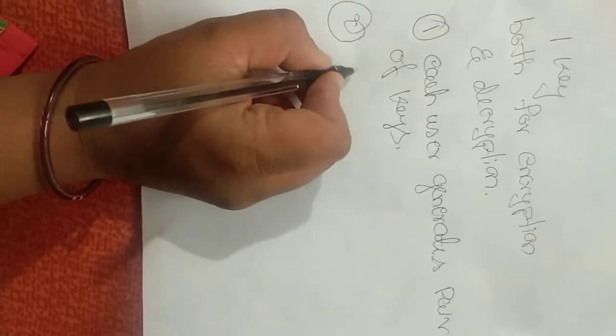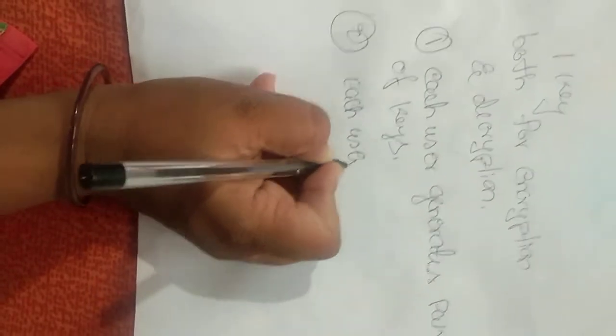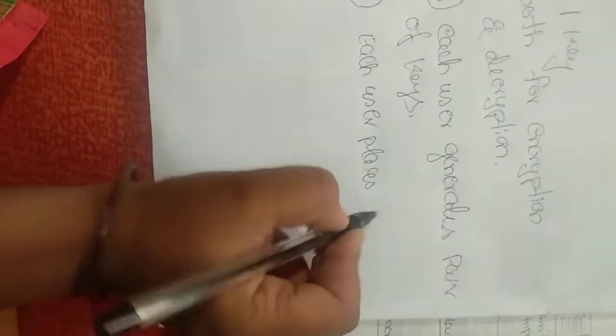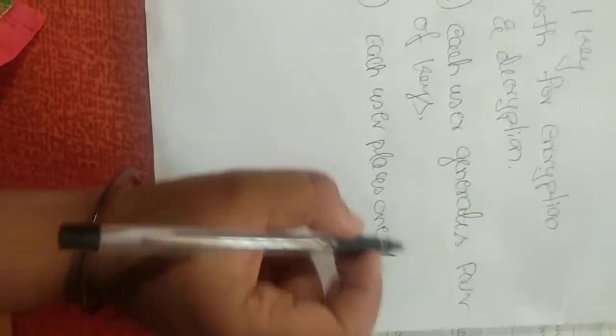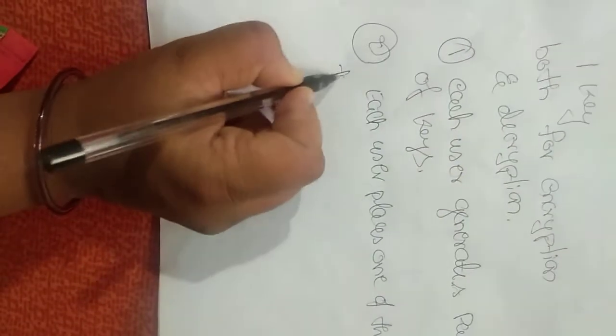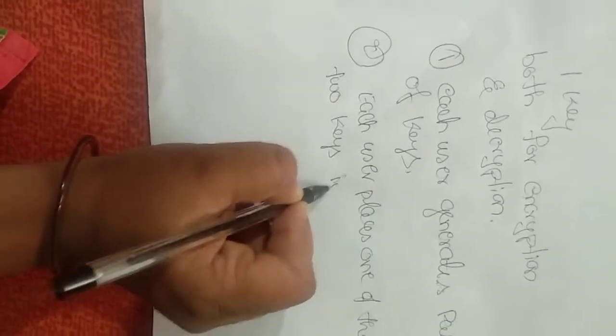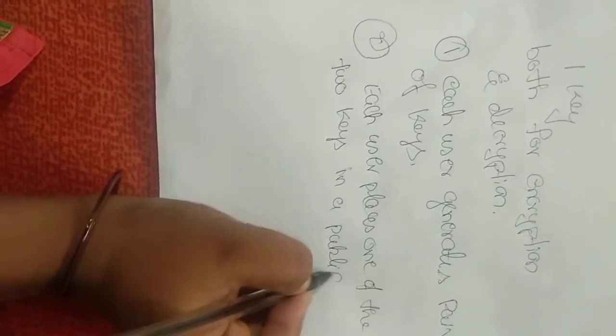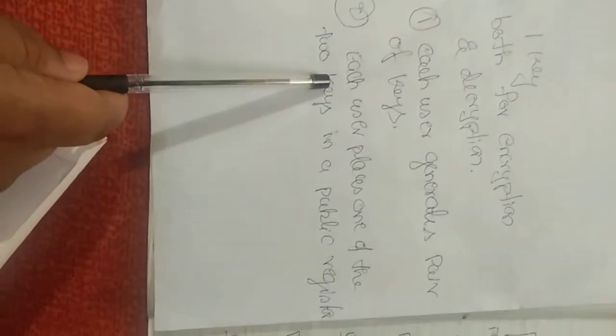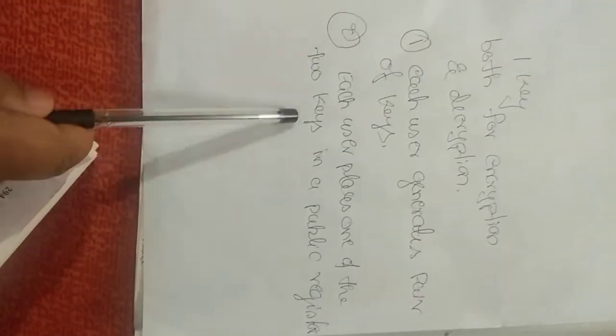In the second step, each user places one of the two keys in a public register.